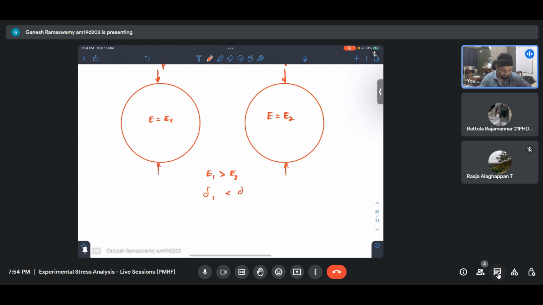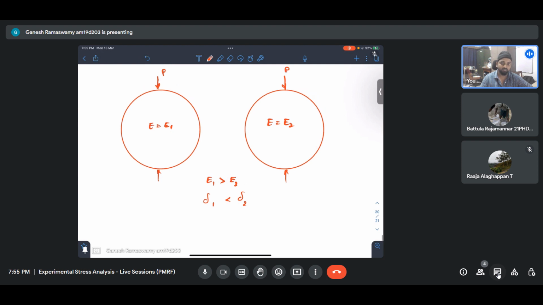So if displacements are not the same, naturally strains won't be equal, but stresses would be equal. Why? Because this goes hand in hand with the plane stress assumption that we are having stresses only in that plane. If you see the compatibility conditions recast into equilibrium equations, they are independent of the material parameters, which is why stresses would be the same in both these cases.